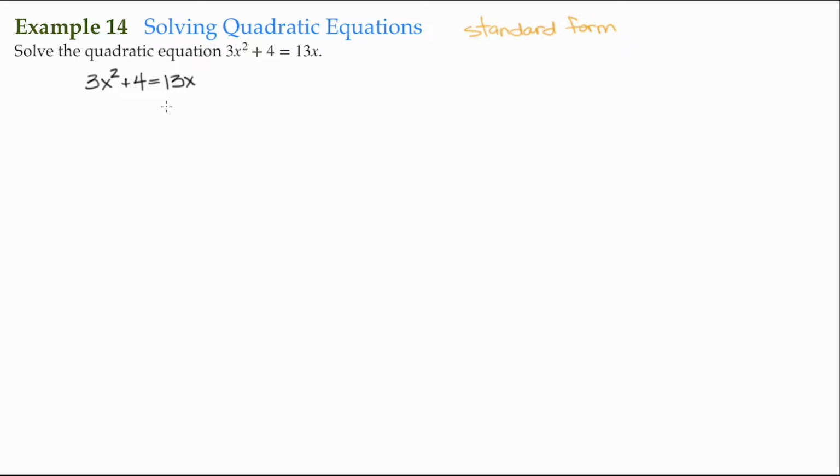So again, if I go ahead and subtract 13x here and subtract 13x here, then we have 3x squared minus 13x plus 4, that's equal to 0. So here we now have it in standard form.